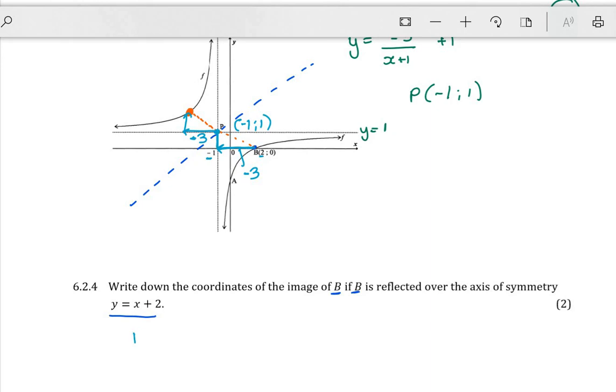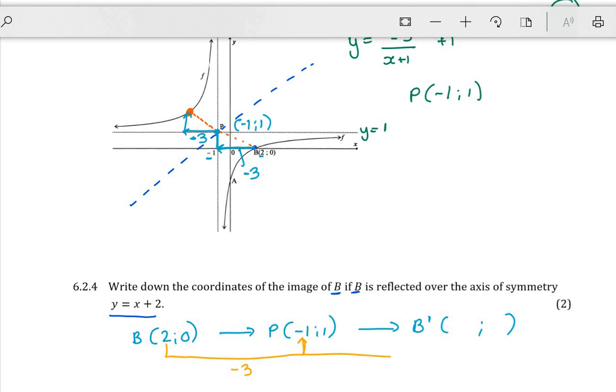So if I look at B, B was the point 2, 0. If I'm going to P, which is the point negative 1, 1, and then I'm going to go to the reflection, which we would generally call B dashed, what I'm saying is if I look at this x coordinate, I subtracted 3. So if this is going to be a reflection, I must just subtract 3 again.